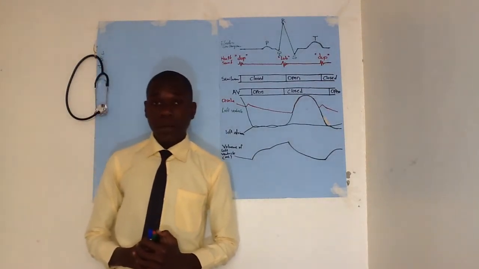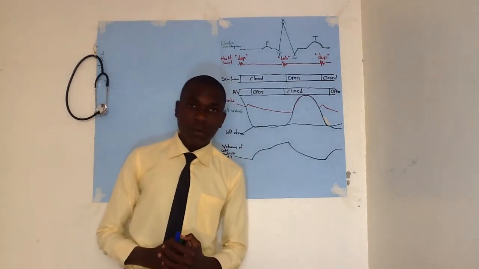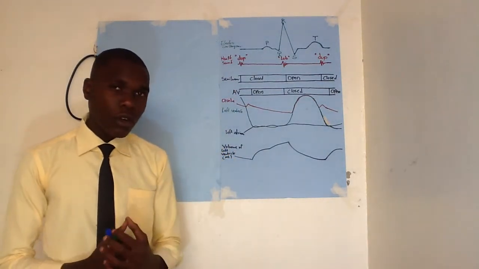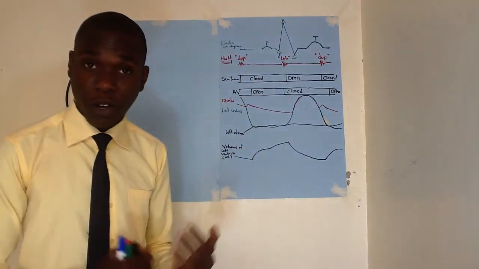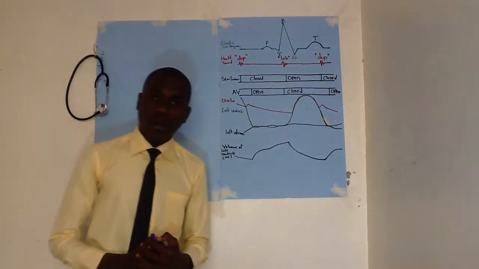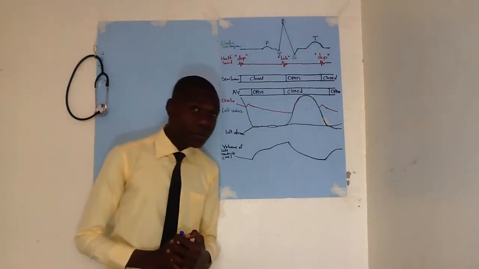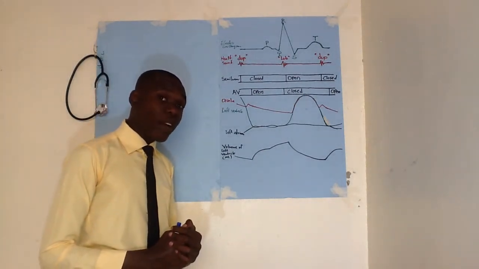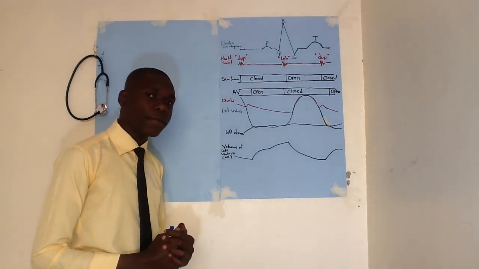These factors may be due to the endocrine system involving hormones. Hormones like adrenaline may increase the heartbeat, and some other hormones may reduce the heartbeat. But at the same time, nervous influence may also come in.